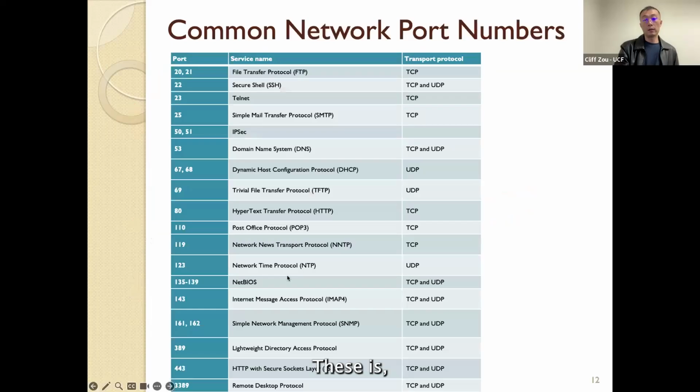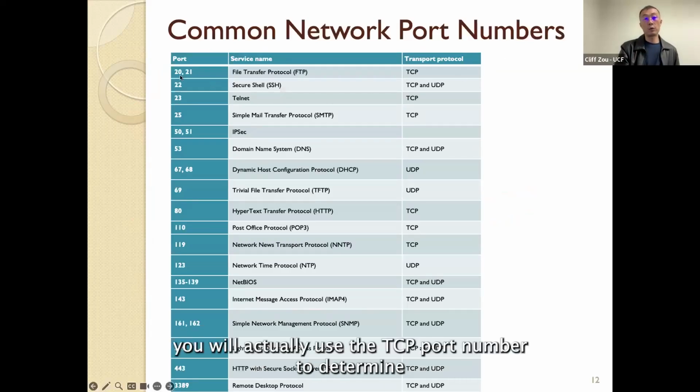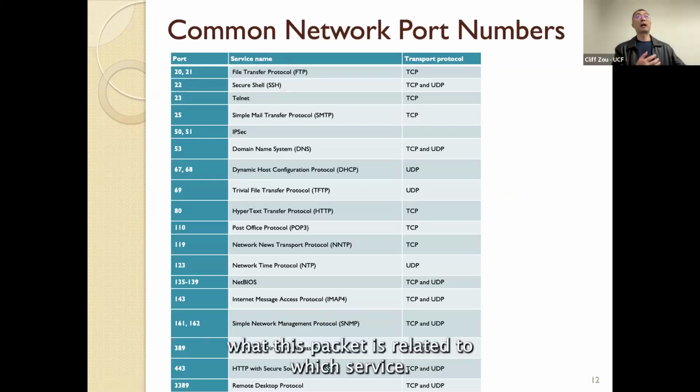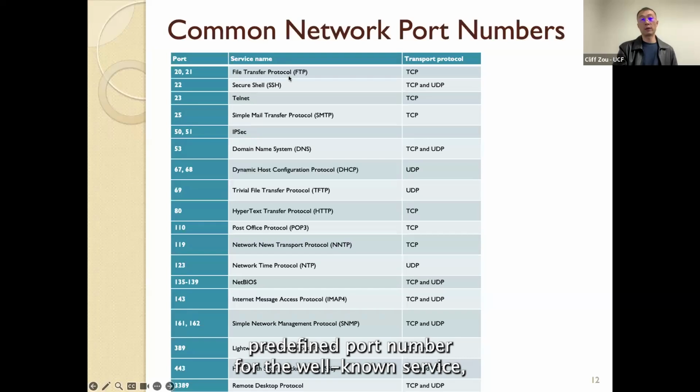This is a list of the common network port numbers. So when you do network management, when you set up firewall rules, you will actually use a TCP port number to determine which service this packet is related to. So these are the predefined port numbers for the well-known services.